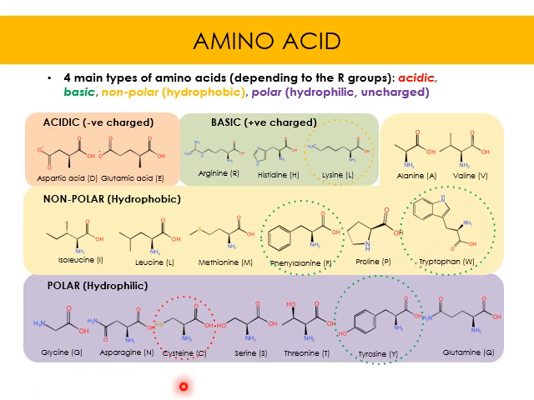And lastly, cysteine is unique because it has a thiol group in its side chain. The thiol group can form a covalent bond with another thiol group. So if you have 2 cysteines in your protein structure, there's a high chance for these cysteines to form this covalent bond, which we call a disulfide bridge.